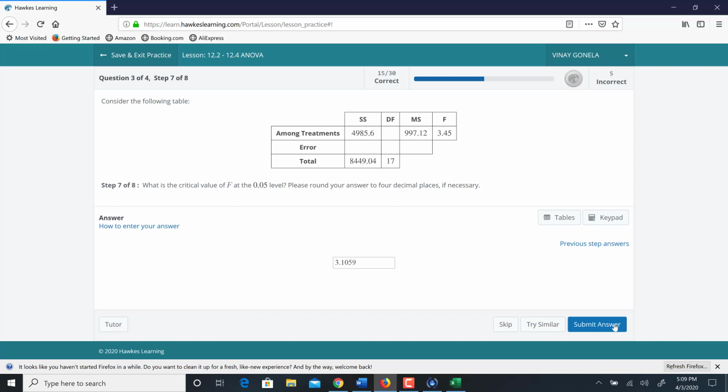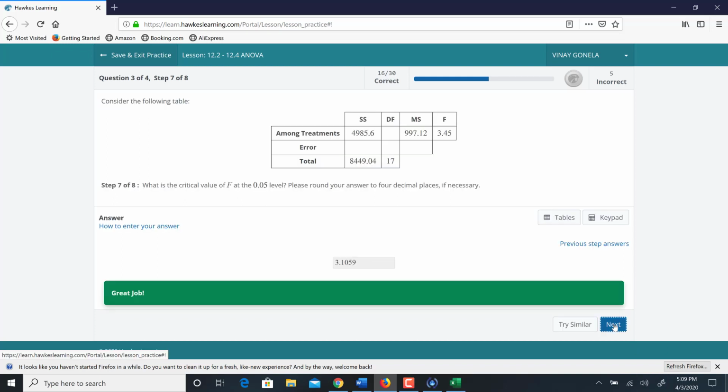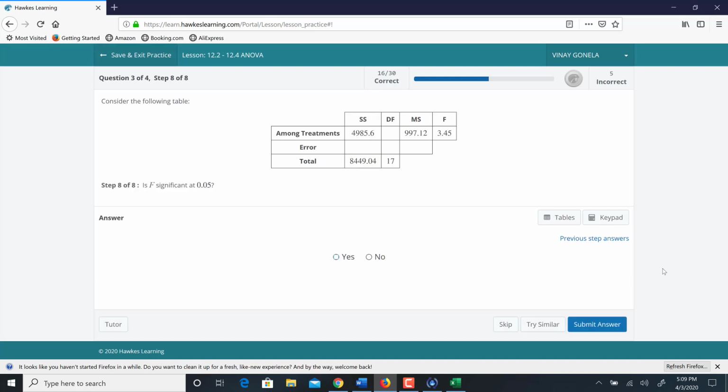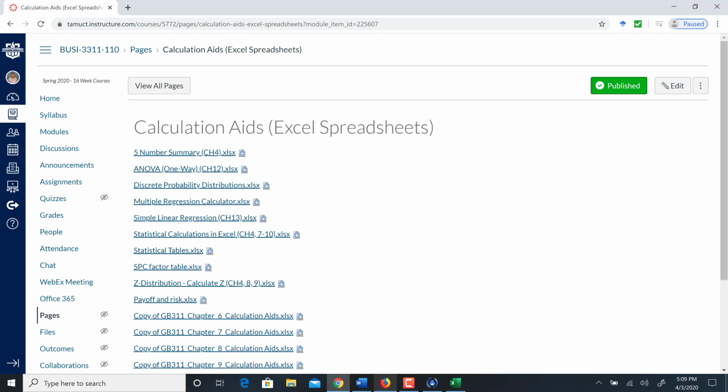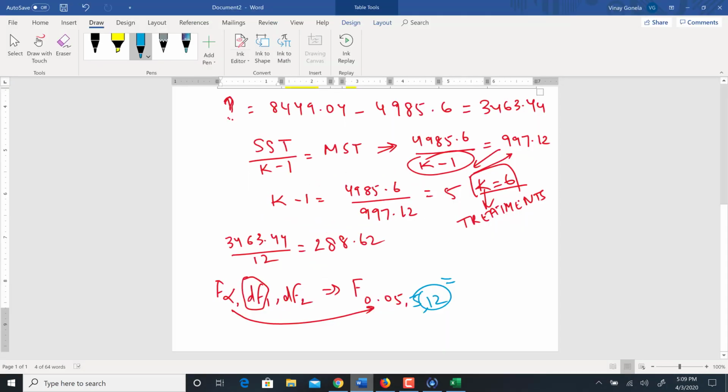3.1059. So I will submit it, and then, is F significant at 0.05? We discussed this concept.